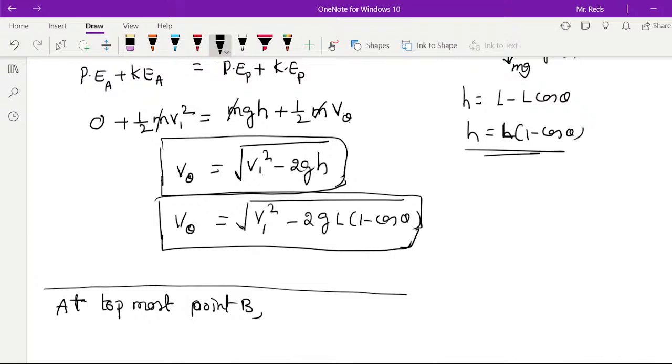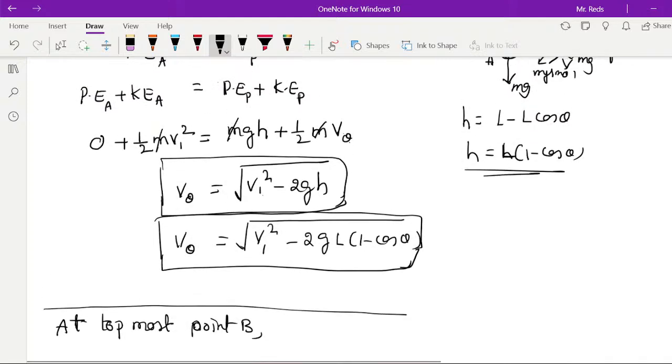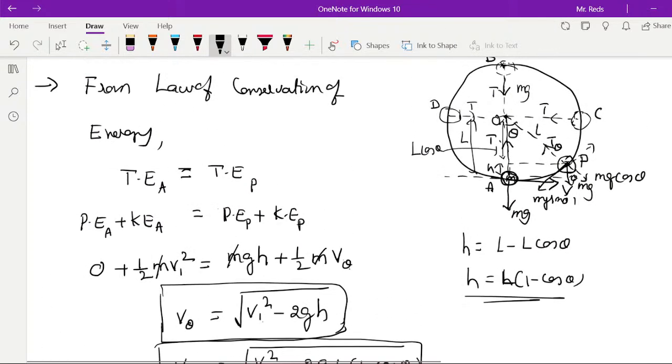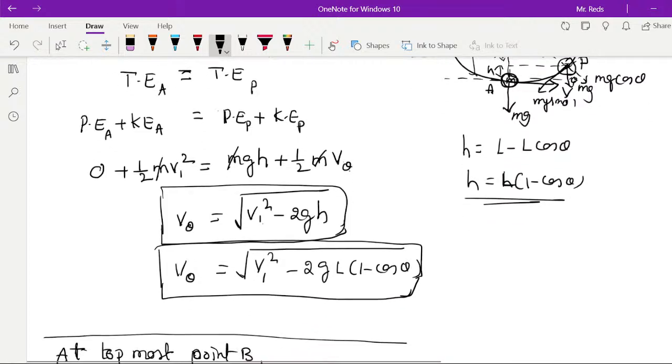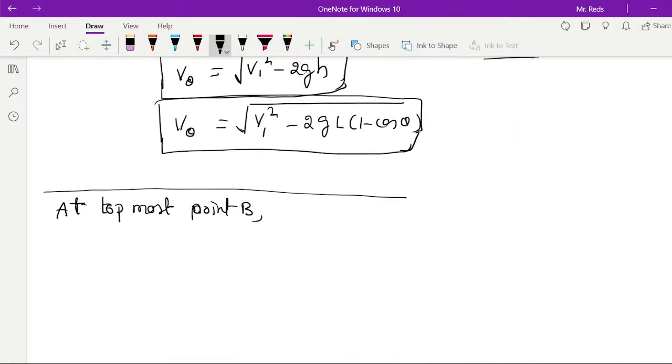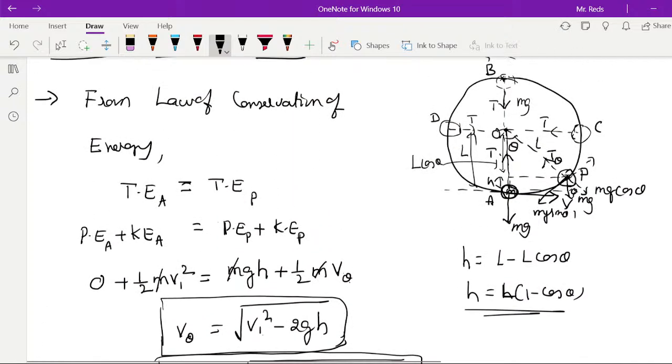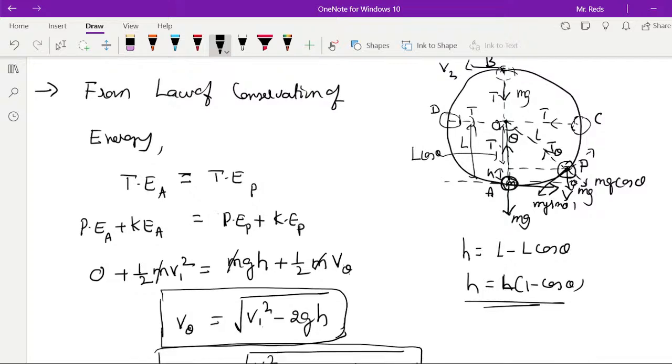Or you can say that the sum of these two is centripetal force. T plus mg is equal to centripetal force, that is mv square by r. Velocity at that point you can take as some v2 or v at B.